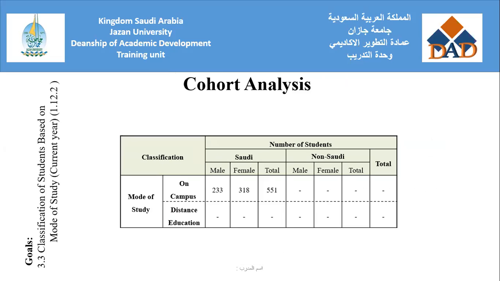The next one, mode of study in the self-study report. How many students are studying in our program? In the present year, in our department, 233 male students and 318 female students are studying, total 551, representing those cohort tables.